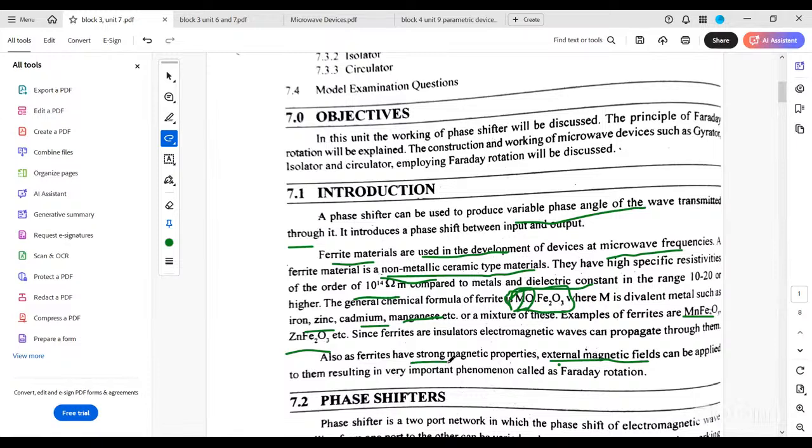Strong magnetic field is applied to the ferrite material. Definition: what is Faraday rotation? Applying a strong magnetic field to the ferrite material is known as Faraday rotation. This is the introduction. In the introduction, what is given? The definition, which type of material we are using, and what Faraday rotation is. Next, we will see phase shifters.